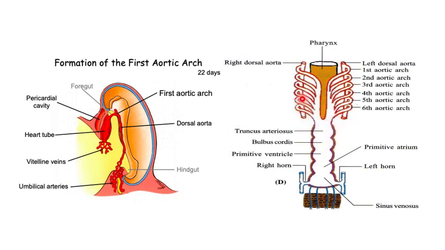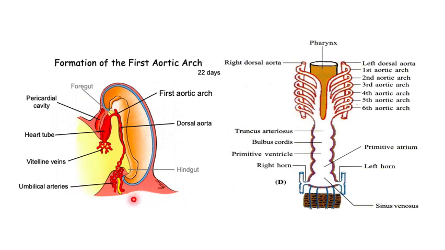So these arches branch out and then wind round the developing pharynx and join with the dorsal aorta on either side. And each aortic arch represents the arch of the pharyngeal arches or the branchial arches.